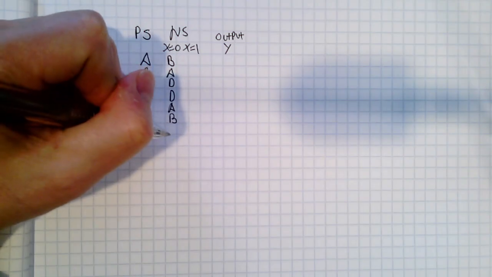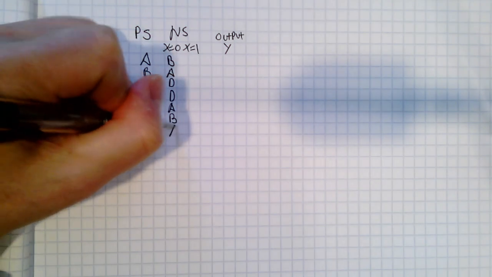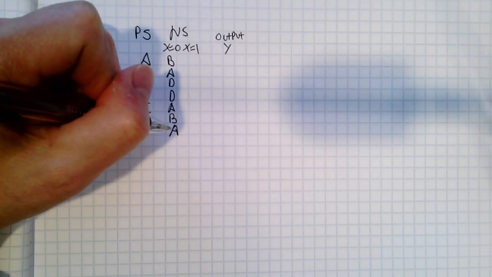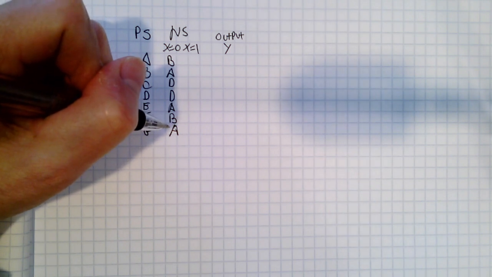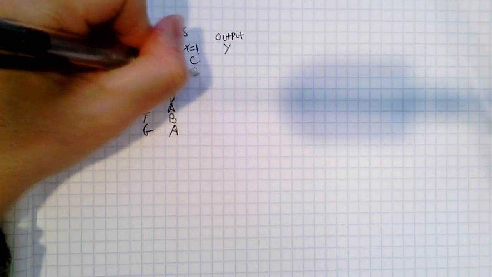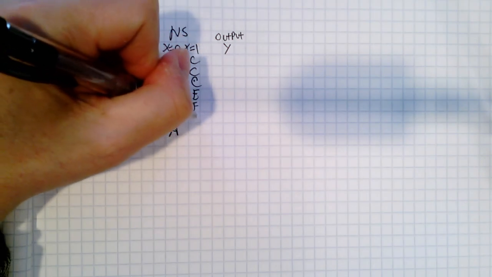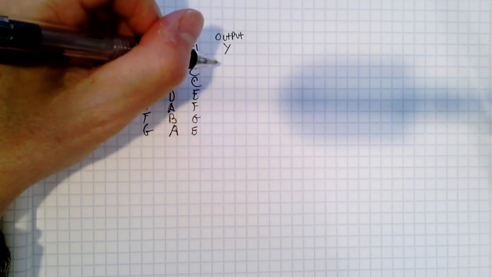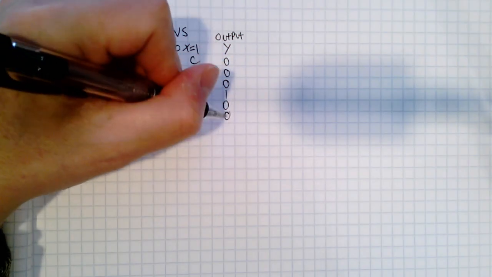And B, yeah, it's an A. I'm having a little trouble with my own handwriting. Isn't this terrible? So then C, there.